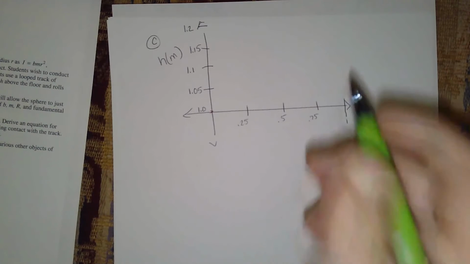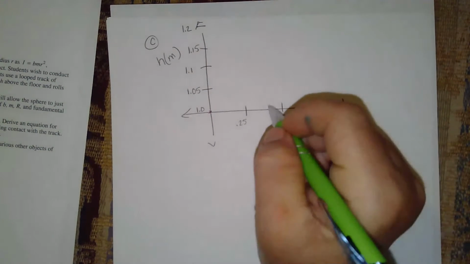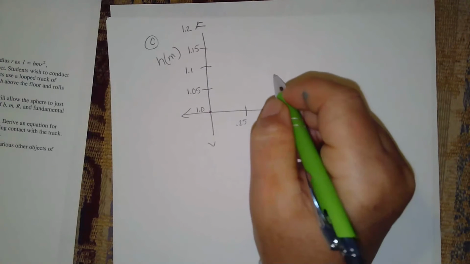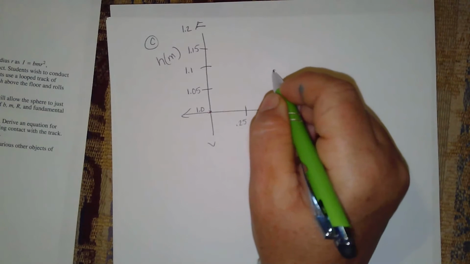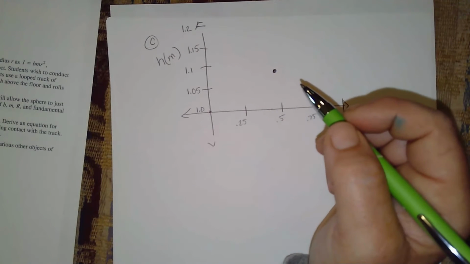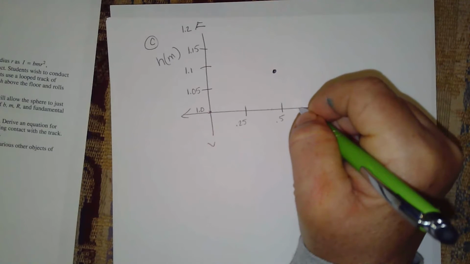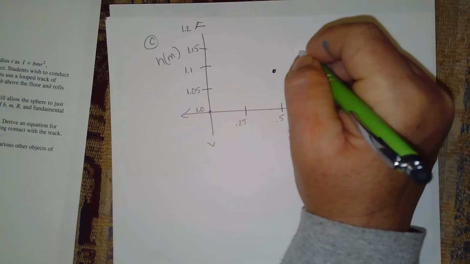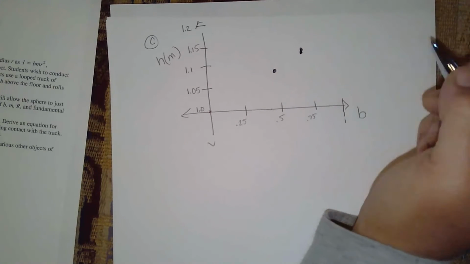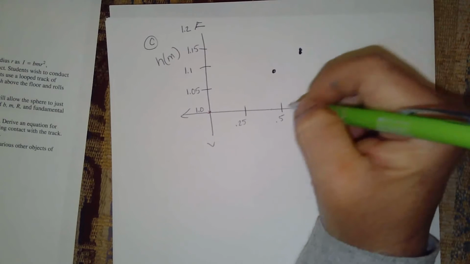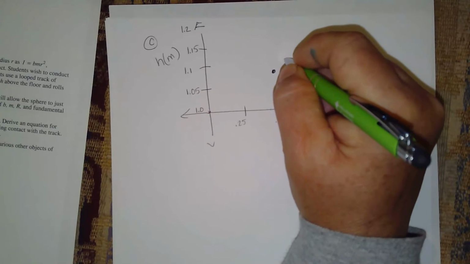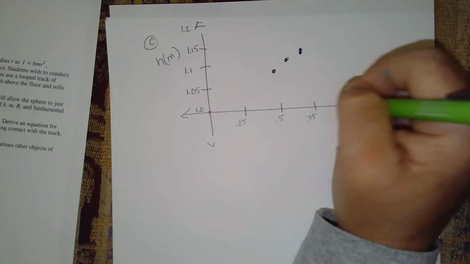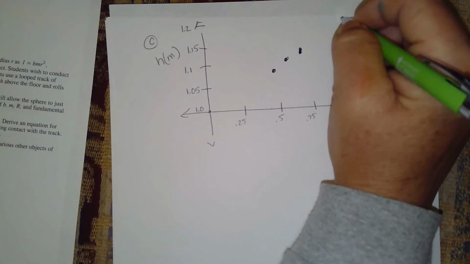All right, now I'm going to start plotting. So b is 0.4, and again, I have to do a little bit of estimating here, but that's okay. 0.4 and 1.08, so somewhere about here. 0.67 and 1.13. 0.5 and 1.1 and 1 and 1.2.